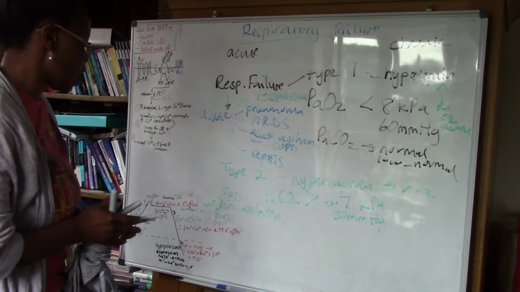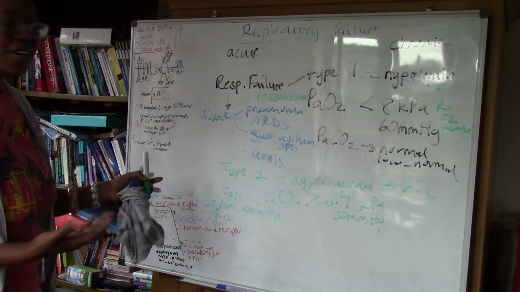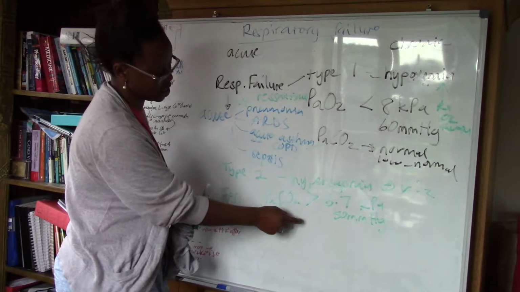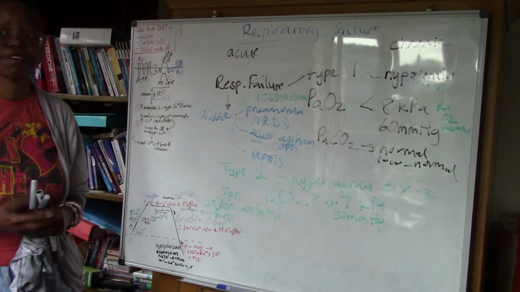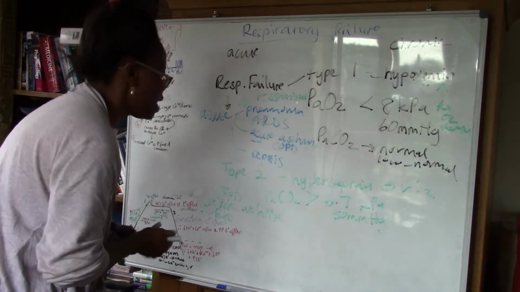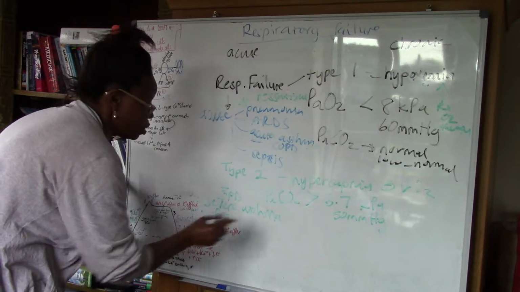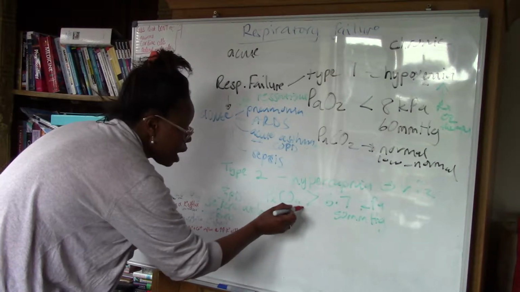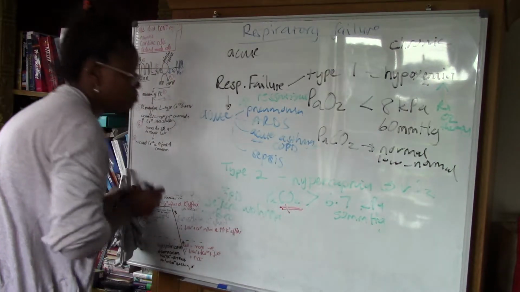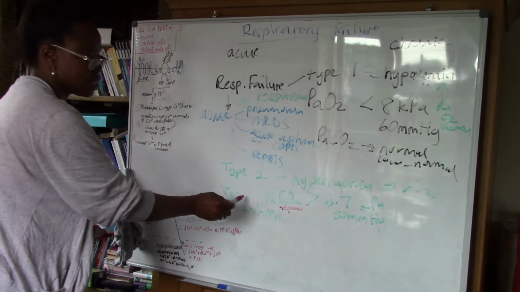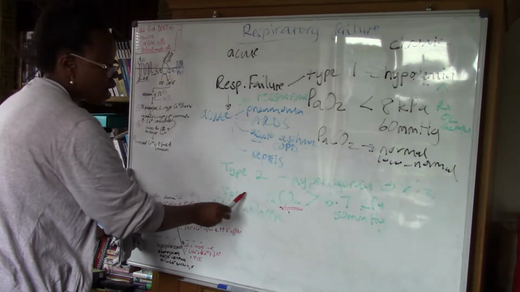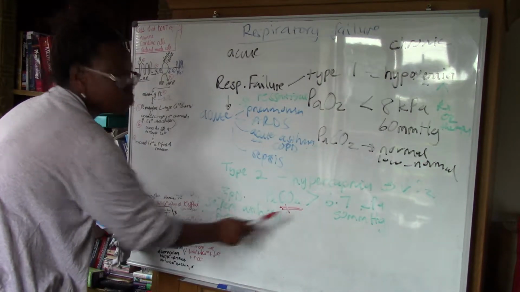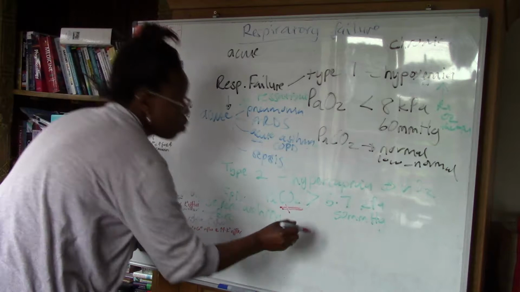First of all, let me just quickly finish treating type 2. In treating type 2 respiratory failure, again, it has to do with correcting the levels of carbon dioxide and being absolutely careful that if this is a COPD patient who relies on that hypercapnic drive, that cannot be overcorrected with oxygen therapy.